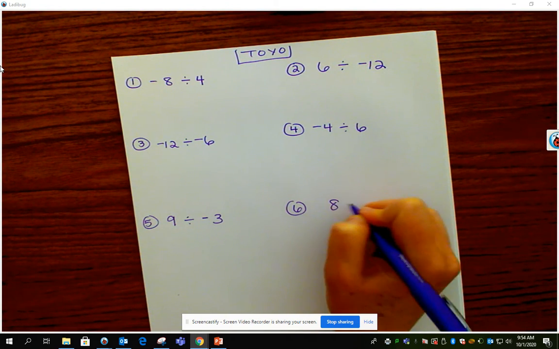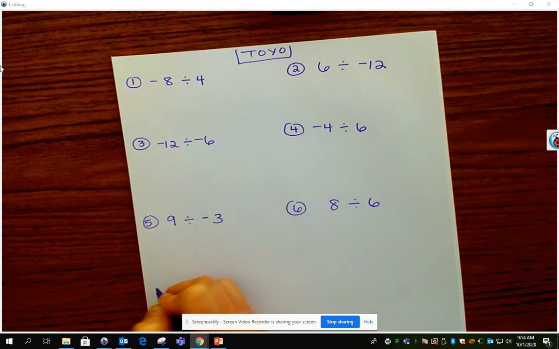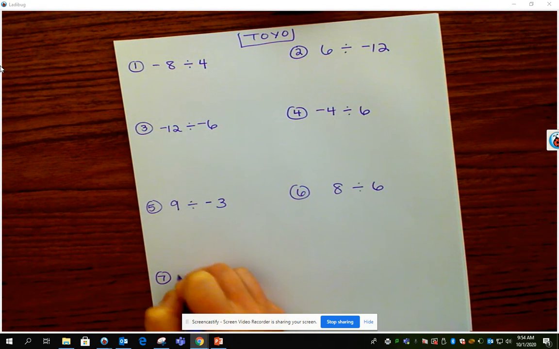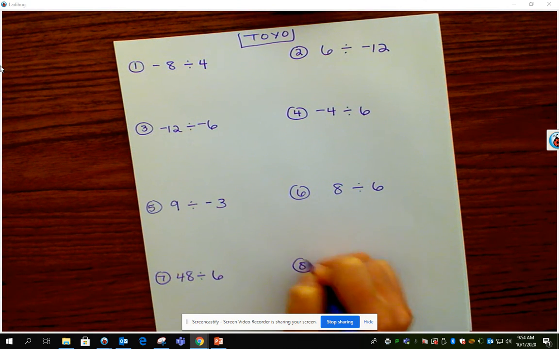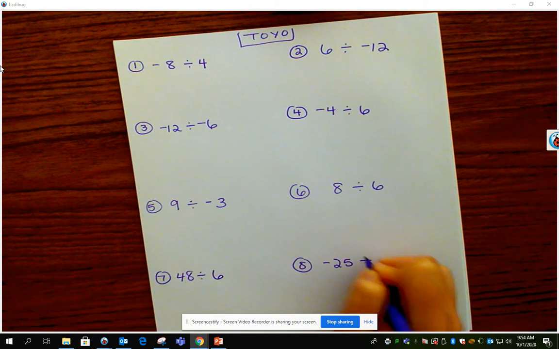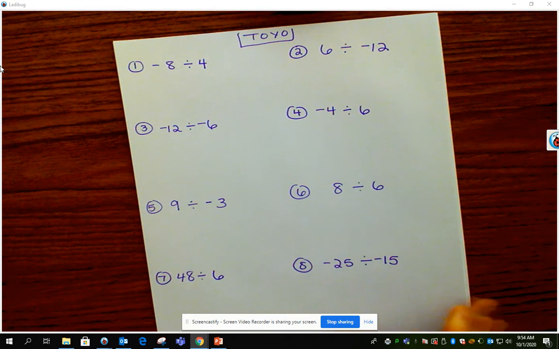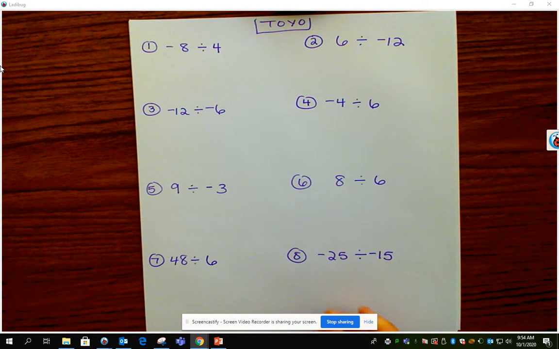And 8 divided by 6. We have 48 divided by 6. And negative 25 divided by negative 15. So pause the video, do all of them that you can, and then start the video and we'll look at them together. All right, hopefully you've solved them and you are back.